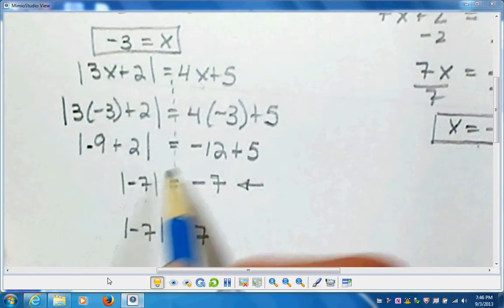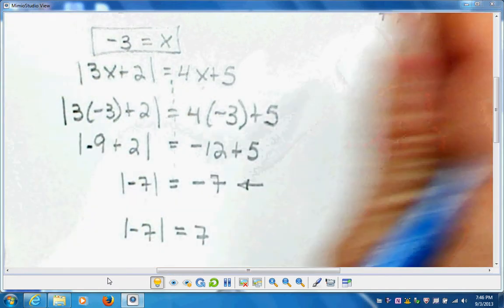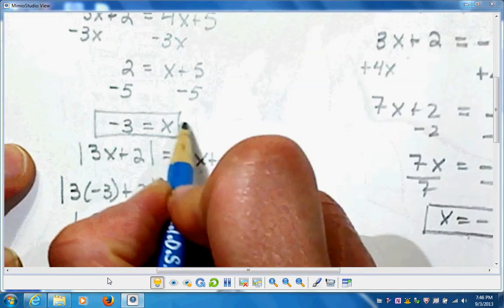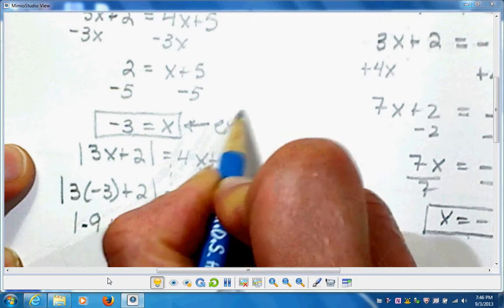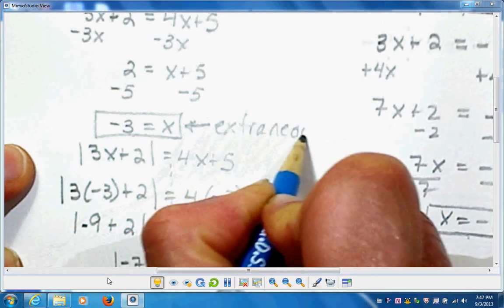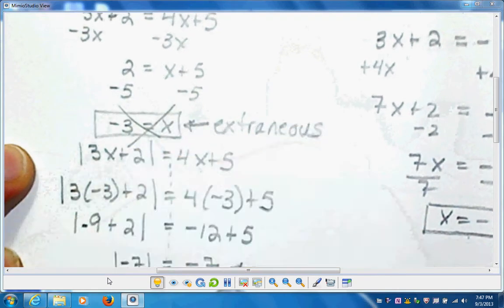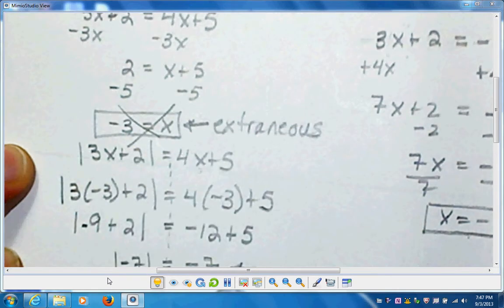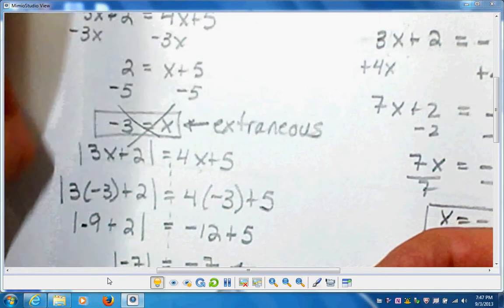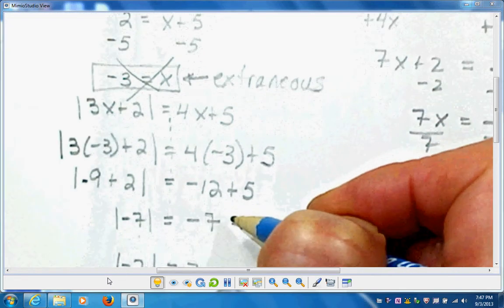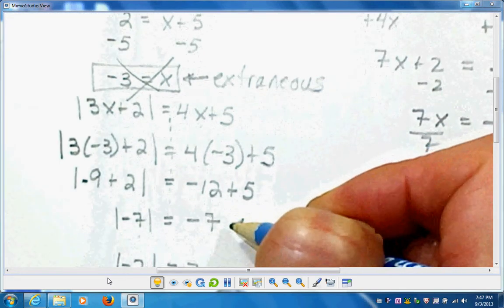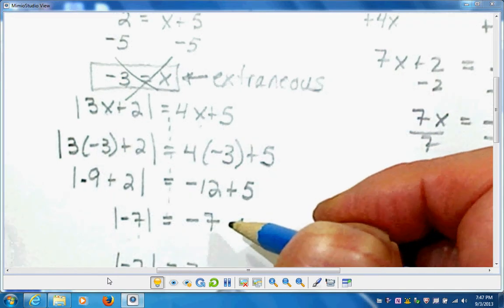So this answer is extraneous. This answer right here is extraneous, which means it's not an answer. That one is not going to work because the absolute value of negative 7 will never equal negative 7 because distance is always positive.